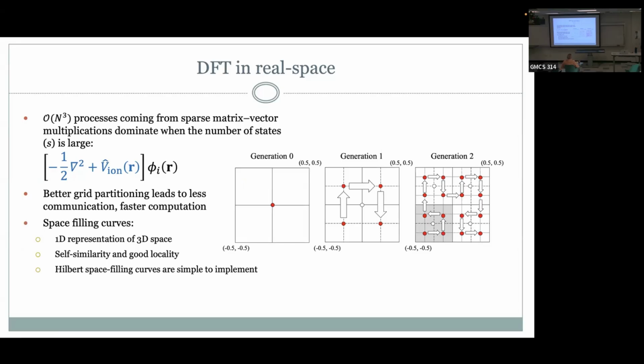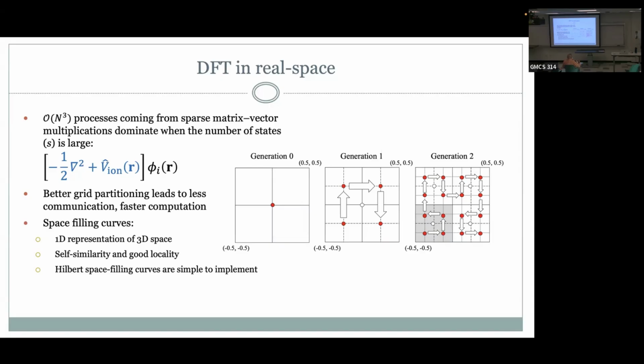So we need to find a way to partition the grid in 3 dimensions such that every grid point can be assigned to a process, right? So we need to go from a 3-dimensional set of grid points to 1 dimension.